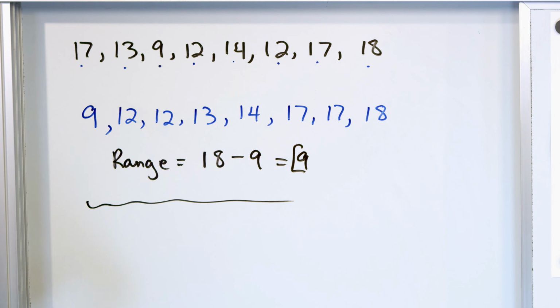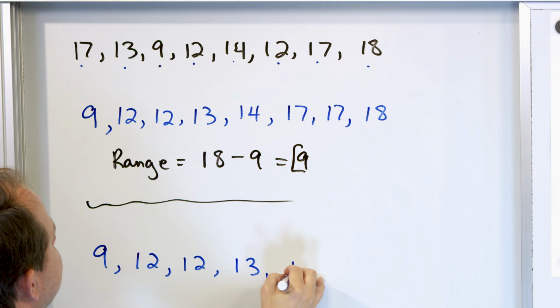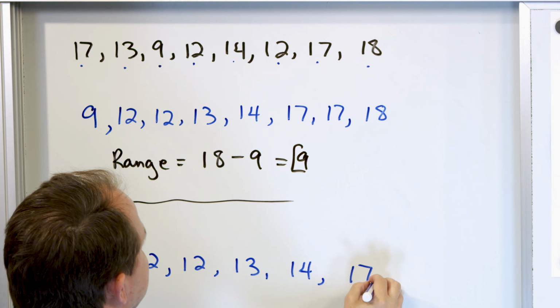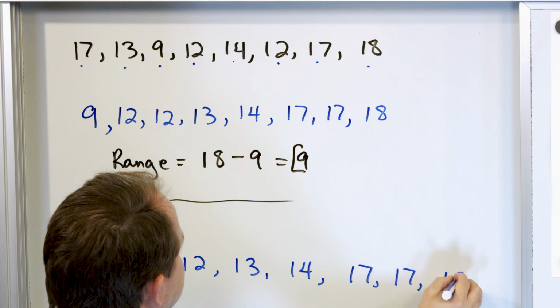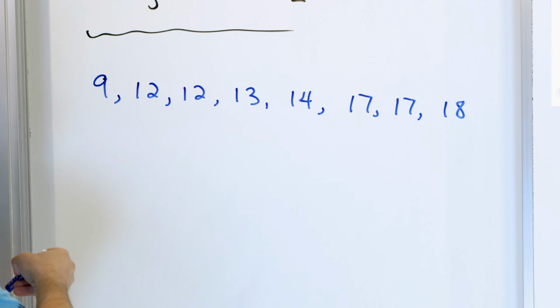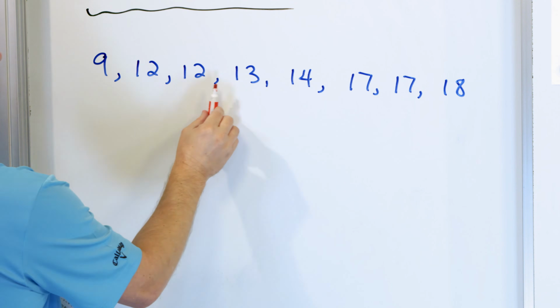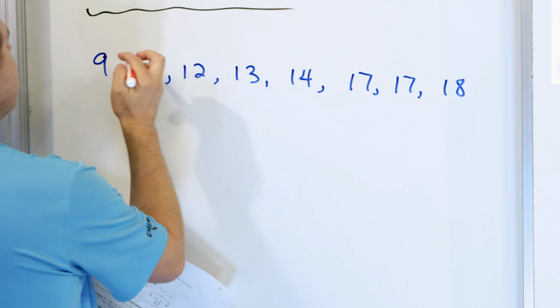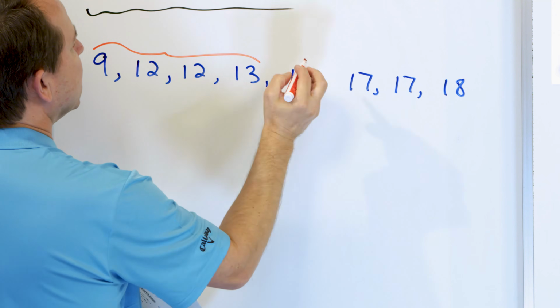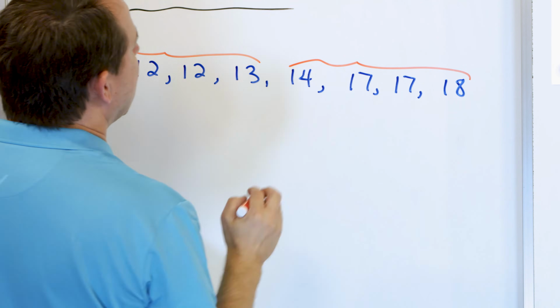Let's write down the data again, least to greatest. We had 9, 12, 12, 13, 14, 17, 17, and 18. All right. Now we need to find the median, which is the center of the data. 1, 2, 3, 4, 5, 6, 7, 8 means we have 4 lower numbers and 4 upper numbers.